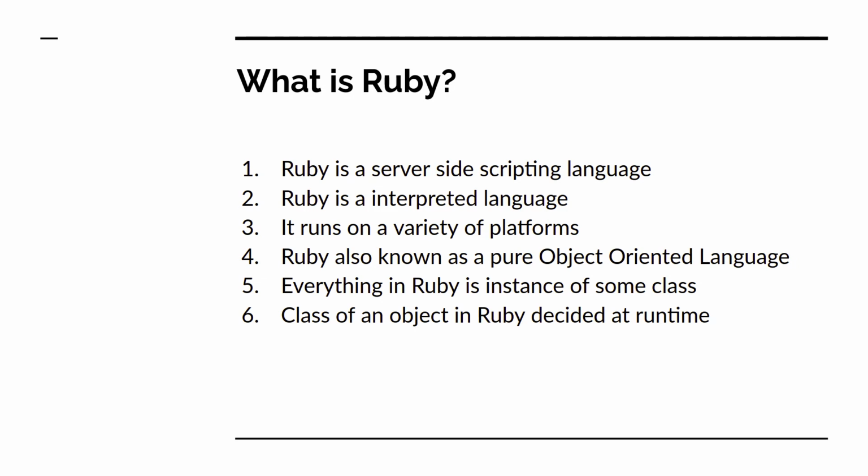Now, let's come to the second point, that Ruby is an interpreted language. Now the question is what interpreted programming languages are and what other kinds of languages there are. In programming there can be two types of languages: one we can categorize as compiled languages and the other as interpreted languages. So now let's try to understand what compiled languages are, and then we will understand what interpreted languages are.